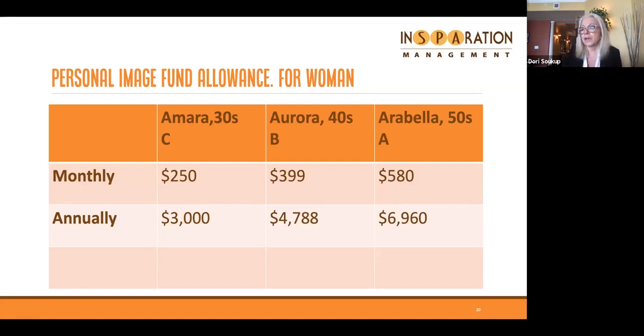So if I set something up for $6,900 annually for people in their late 40s, 50s, 60s, that would be a very good amount, and it's doable for your A-class people. If you take the 6,960 and divide it by 12, these people can be buying a membership from you for $580 a month.